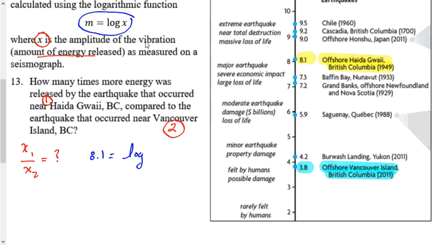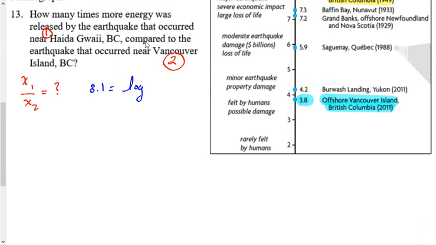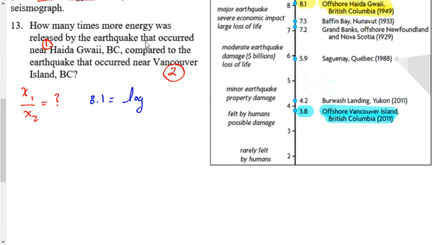So the log of x1. And I'm going to rewrite this in exponential form. A little bit easier than the last one because I don't have to deal with that negative. My base is a 10. My exponent is an 8.1, and that's equal to the x1, the energy released in that Haida Gwaii earthquake.